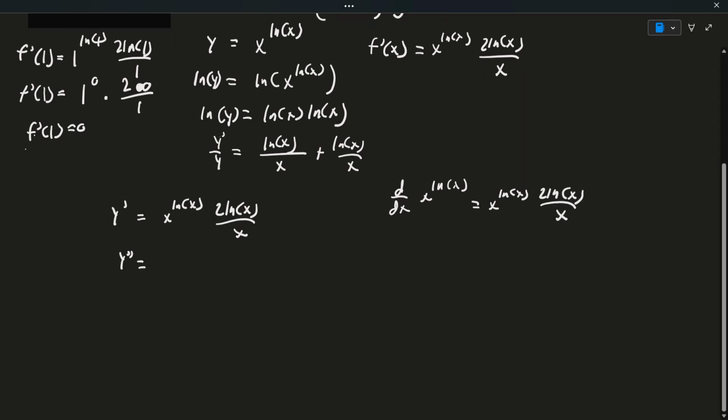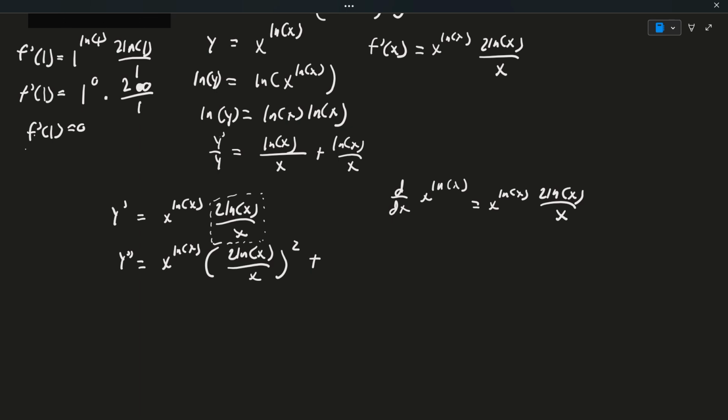So this means that we're just going to do x to the ln of x times 2 ln of x all over x squared, because we multiply that derivative of x to the power ln of x by this 2 ln of x all over x because of the product rule. Now we're going to take the derivative of 2 ln of x all over x.